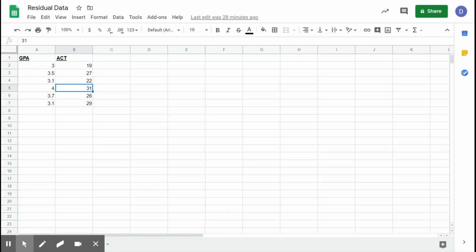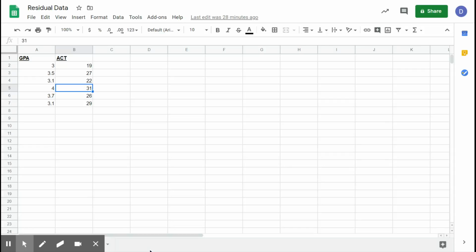All right. Now, if I wanted to find a residual, and again, y hat is equal to 7.75x minus 0.68. If I wanted to find the residual at a GPA of 3, all I would do is find the actual y at 3, and that was an ACT of 19.